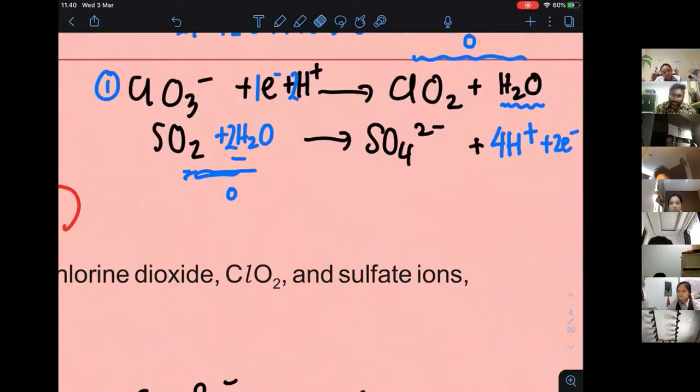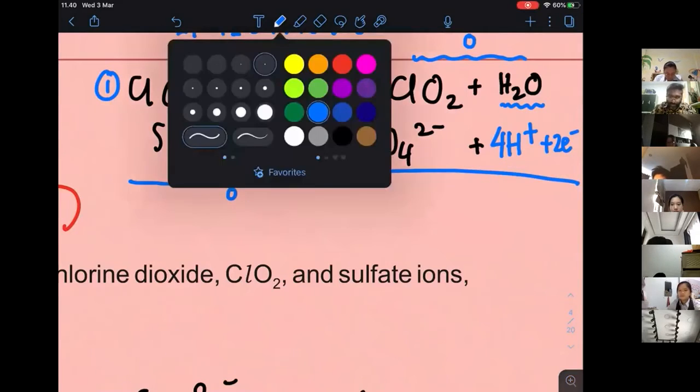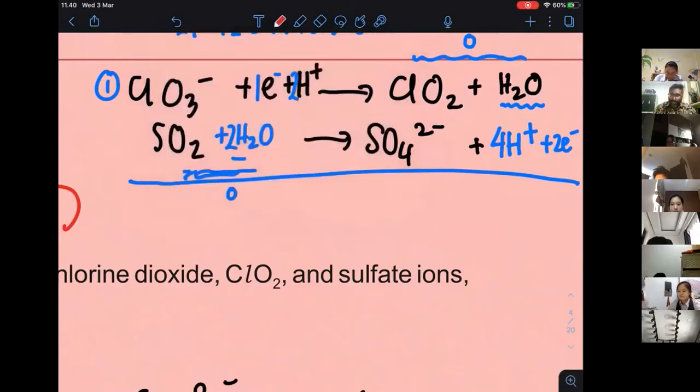So we are left with just adding all of them together. But we need to make sure the electrons are balanced as well. So what we do, with 2 electrons and 1 electron, you need to times everything by 2. So times by 2, this will become 4, 2, and 2. So when you add, this water will cancel, the H+ will cancel, the 2 electrons will cancel.